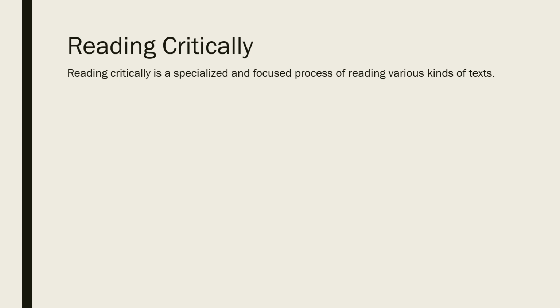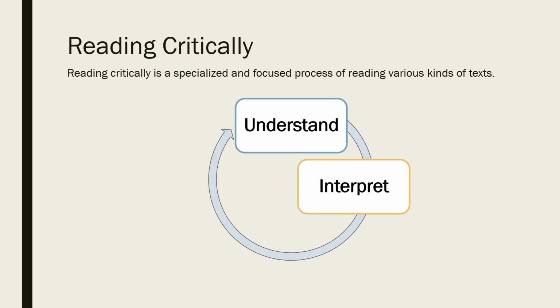The key to reading critically is to first internalize and understand the text. This means that you are able to interpret or relay the meaning or ideas presented in the text. Reading critically also requires you to be able to analyze what you read.